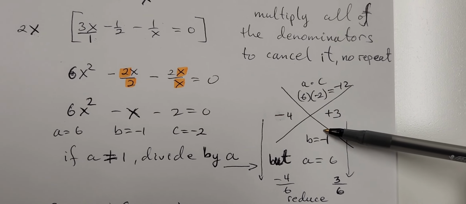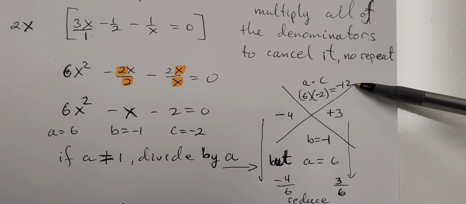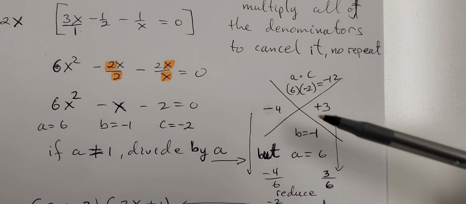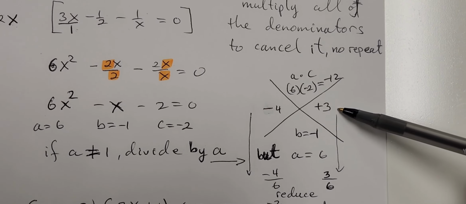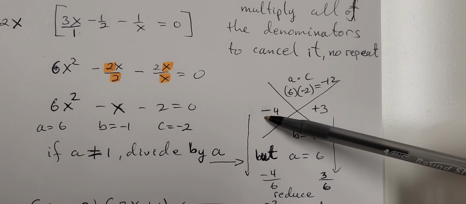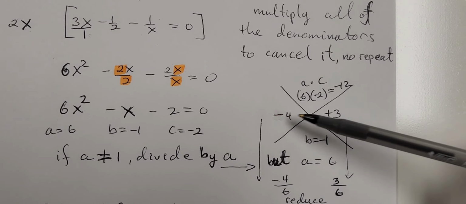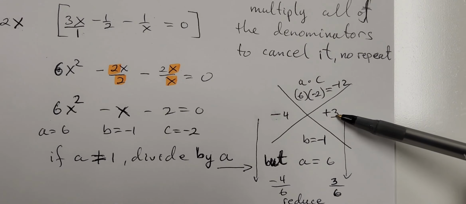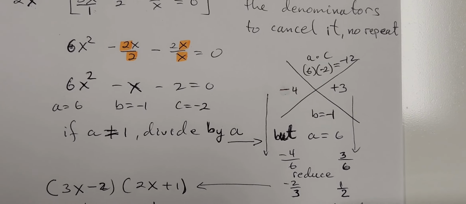Using the x method, a times c, 6 times -2 is -12, and b is -1. The only two numbers that give me -12 and -1 are 4 and 3. However, 4 must be negative and 3 must be positive, because -4 times +3 gives me -12, and -4 plus 3 gives me -1. Be very careful of that.